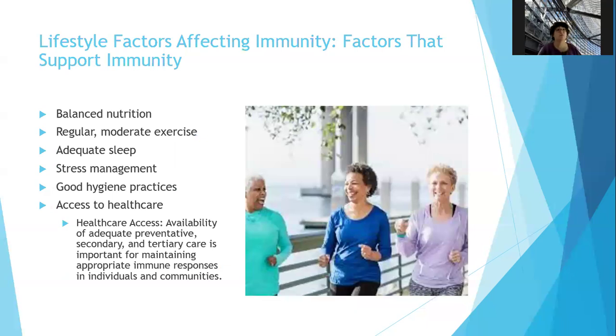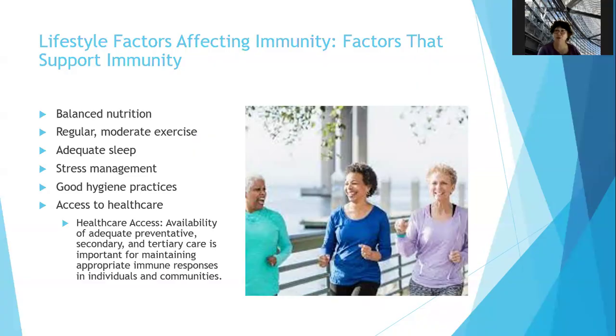So factors that support immunity, like I was saying, balanced nutrition, regular moderate exercise. We'll talk about how strenuous exercise affects the immune system. Get enough sleep, manage your stress. So remember, it's not what you're dealt, it's how you deal with it. So stress management is really important for supporting immunity. Good hygiene practices: wash your hands.